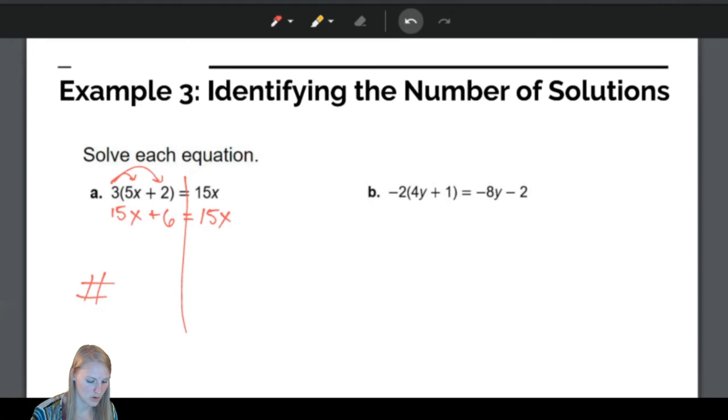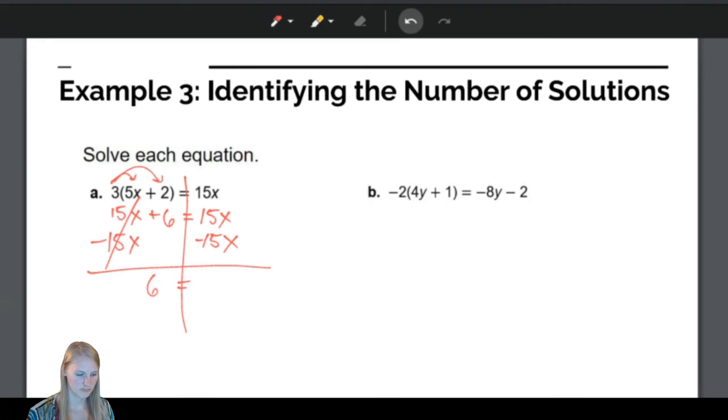Okay, so I am going to subtract 15x from both sides. That goes away, and I get 6 equals 15 minus 15. Wait a minute. 15 minus 15, that's 0. Wait a minute. 6 equals 0? No. No, 6 does not equal 0.